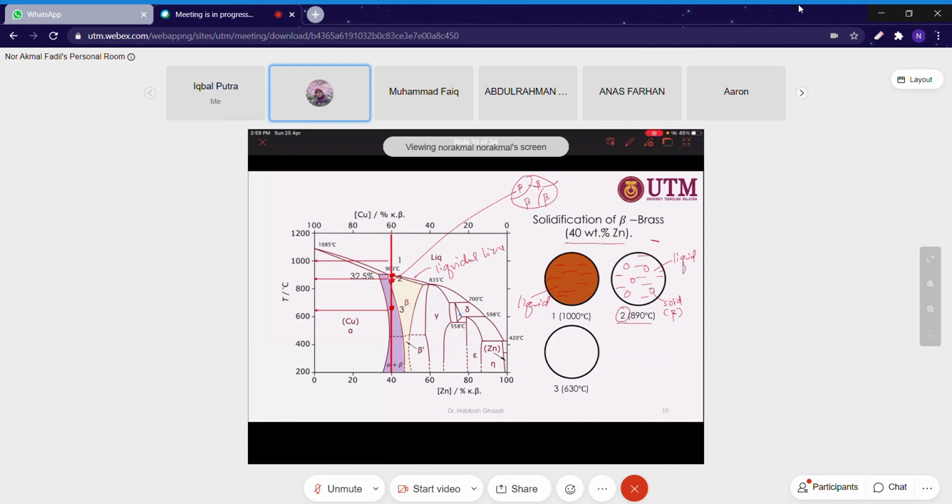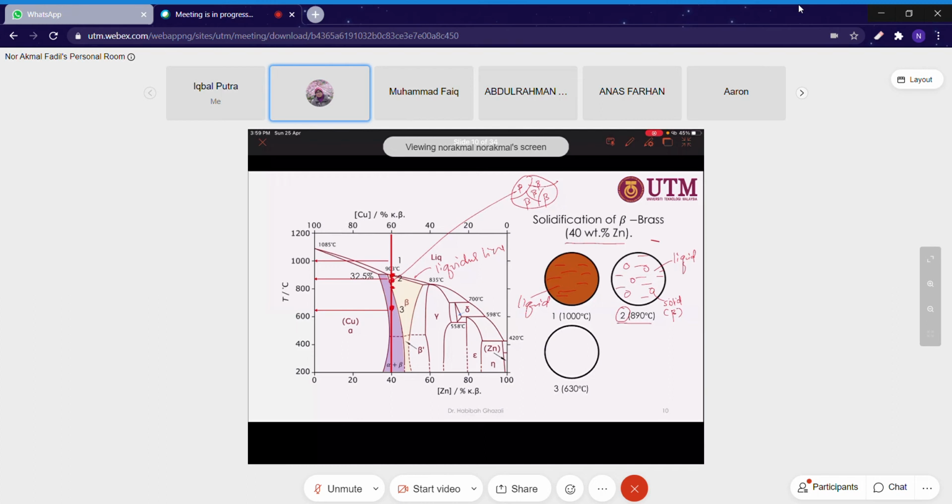But once it crosses 800 degrees Celsius, the diffusion still occurs because it is still high temperature, even though it is 100% solid. But imagine 800 degrees Celsius. What happened inside? There are still atoms moving, and they arrange themselves, diffuse inside the solid to form a new phase.